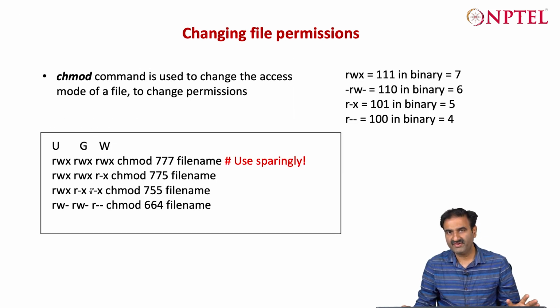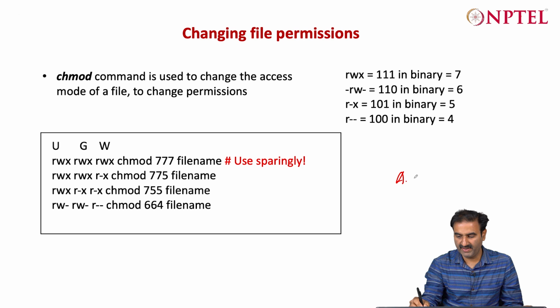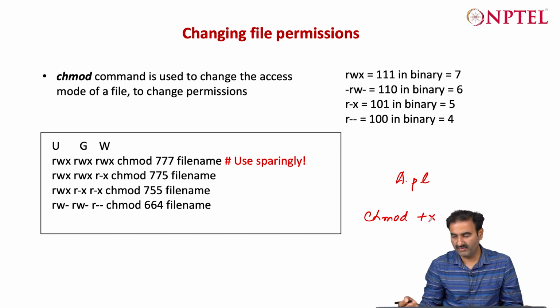Then you can also change the file permissions using a command like chmod. For example, you have created a program a.pl, which is a Perl program, and you want to make it executable. So what you can do is chmod +x a.pl, so it will make this program executable, right?